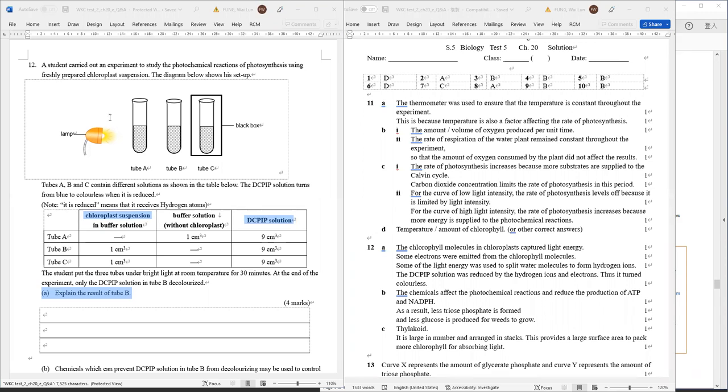So let me write the word equation first. DCPIP is blue in color, plus H. When DCPIP binds with H, you can turn it into colorless.